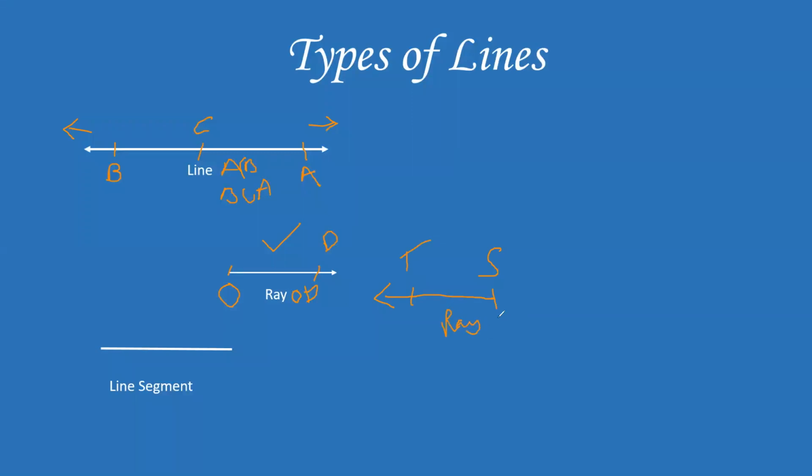ST, absolutely, because it does not go to this side, it goes to this side. Always remember this, it is very important, because we are going to be solving questions on this later on, and people make a lot of mistakes in this. Name from where the line starts. And if the line has no start, it is a continuous line, then you can name it however you want.